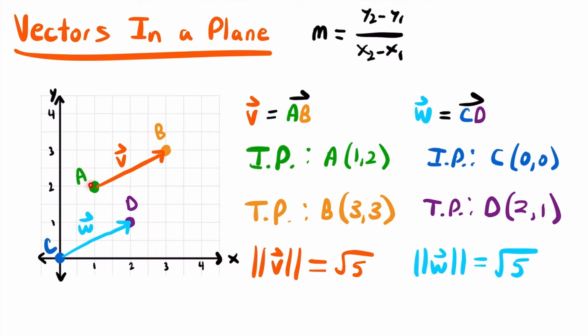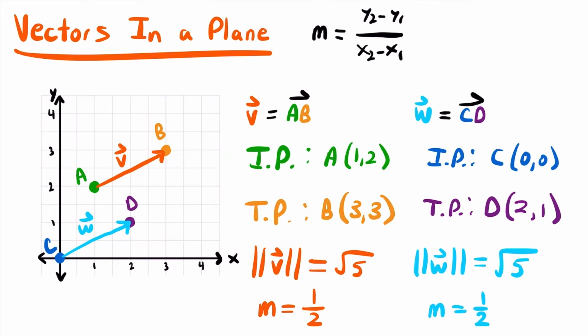We moved from x equals 1 to x equals 3. So the slope for vector v is going to be equal to 1 over 2, or 1/2. And if we do the same thing for vector w, we also move up 1 in the y direction and then over 2 in the x direction. So we have 1 over 2 for the slope of w. So the slope is equal to 1/2, which is the same slope.